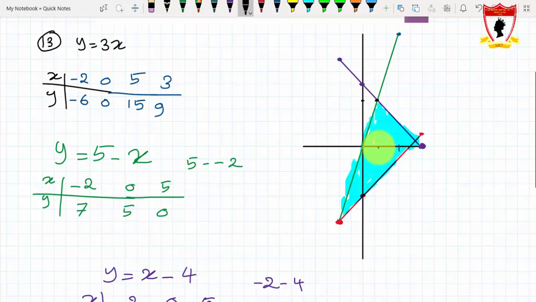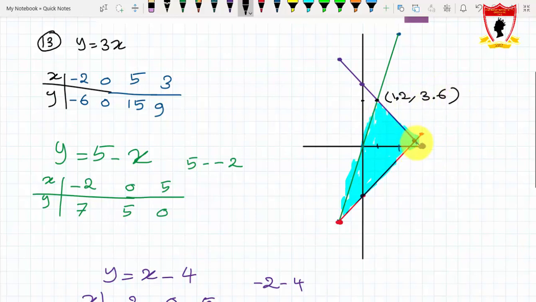The x is 1.2 because it's less than halfway, so it's less than 1.5. Let's say the x for this point is 1.2, and the y is 1, 2, 3, 3.6.